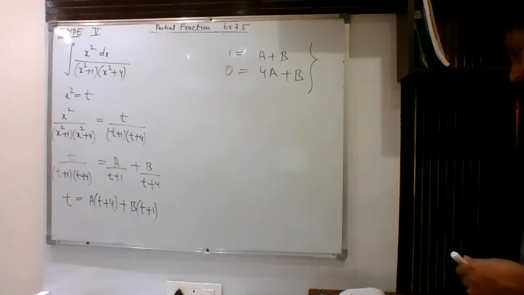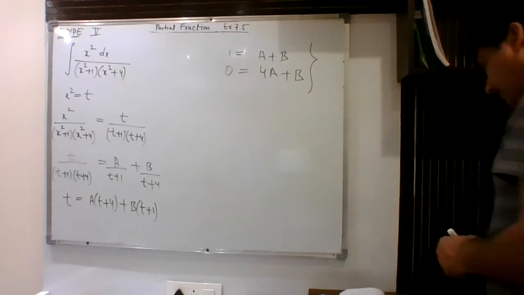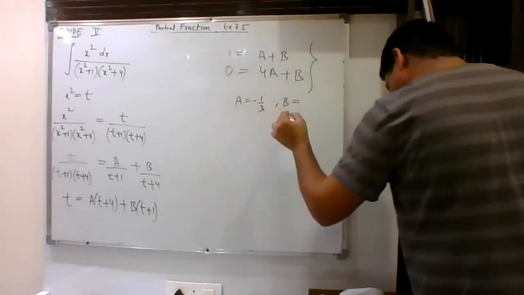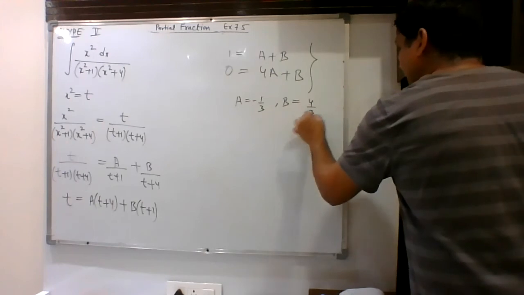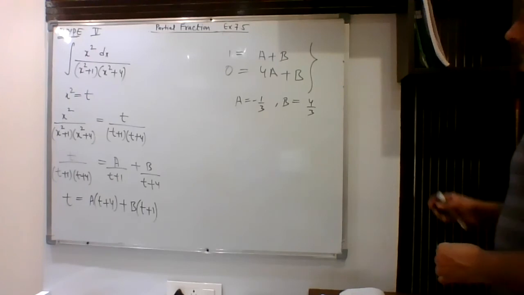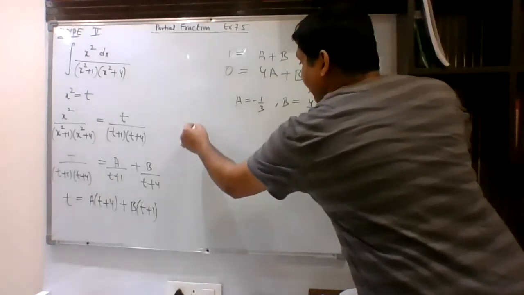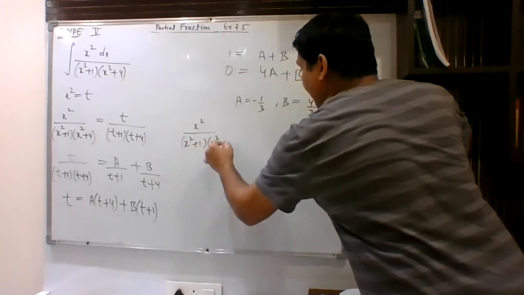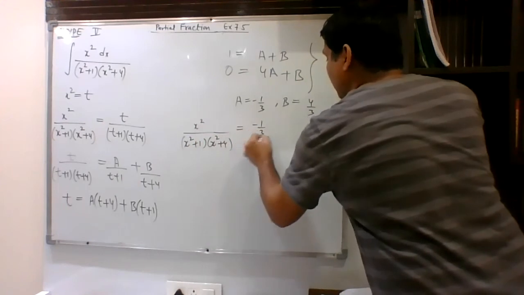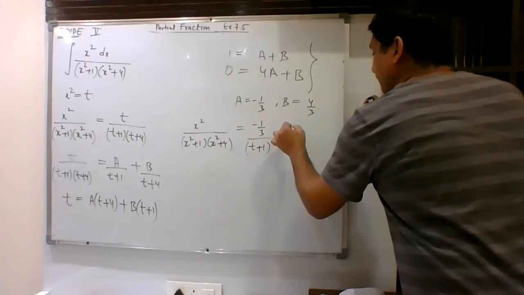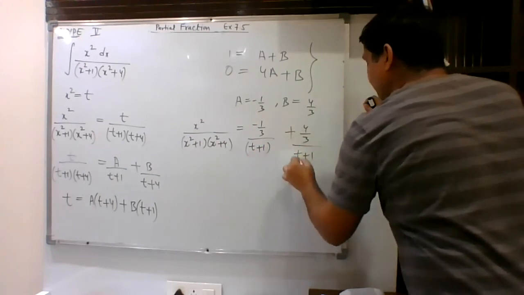Now we will solve these simultaneously, or you can apply that shortcut method. When you apply that, you will get A as minus 1 by 3 and B will come out to be 4 by 3. Now, after this, we can write x square upon x square plus 1 into x square plus 4 as minus 1 upon 3 into t plus 1 plus 4 by 3 upon t plus 4.